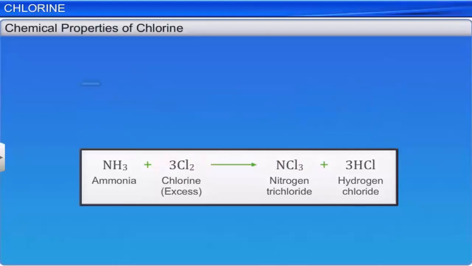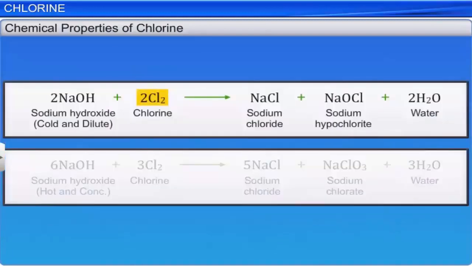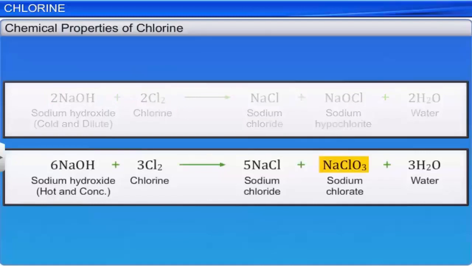It forms bleaching powder with slaked lime. It forms sodium hypochlorite with cold and dilute sodium hydroxide and sodium chlorate with hot and concentrated sodium hydroxide.